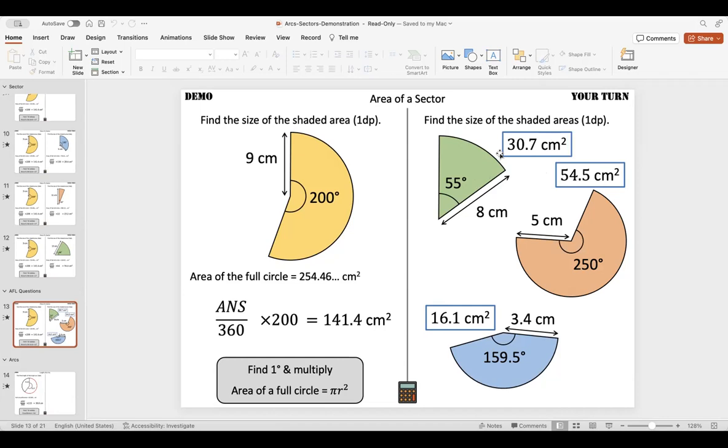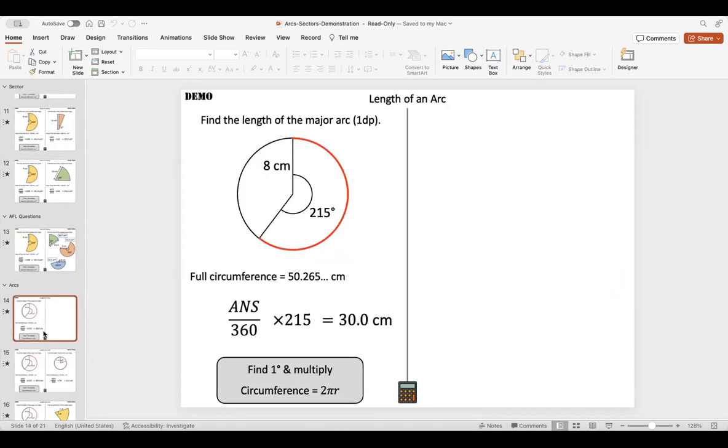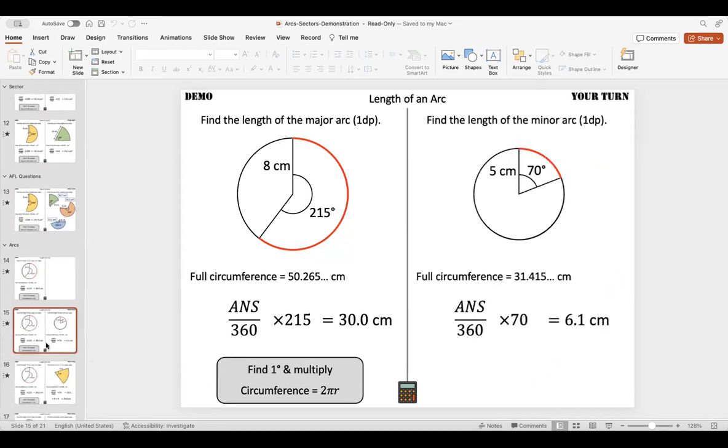The radius is half of the diameter. In some situations, they'll give you the full length of the diameter. So don't forget that when they give you the diameter, you have to halve it to find the radius. It's very important to take that into consideration.